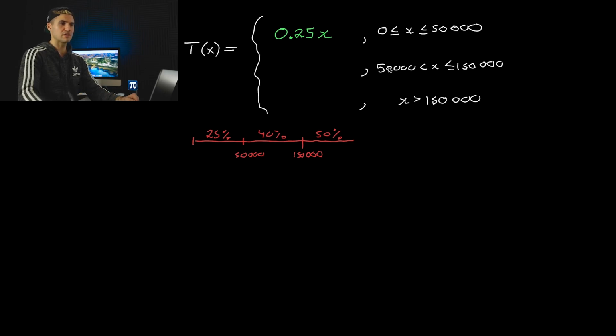Now, what about the next piece? So now if your income is between 50,000 and 150,000, so if your income is over here. This one's going to be a little bit more tricky, but it's still not too bad. Well, if your income is going to be between 50 and 150, the first 50,000 is for sure going to get taxed at 25%, right?